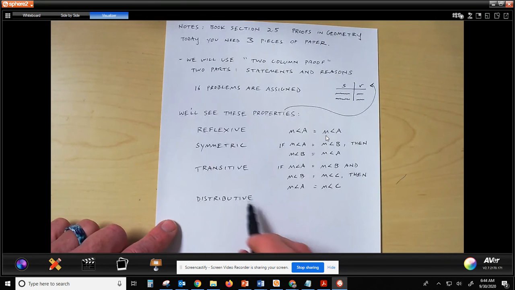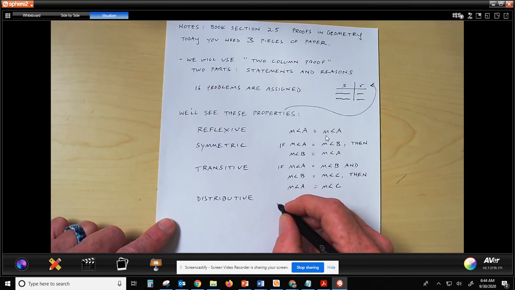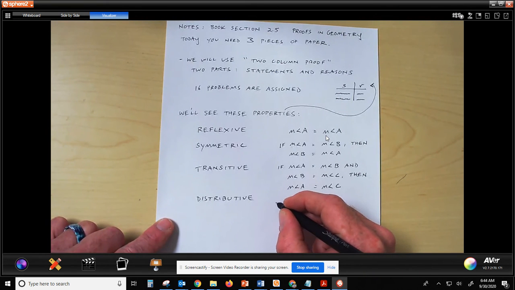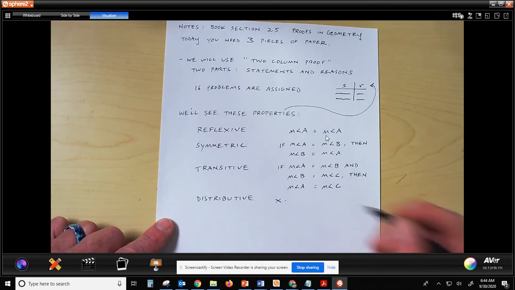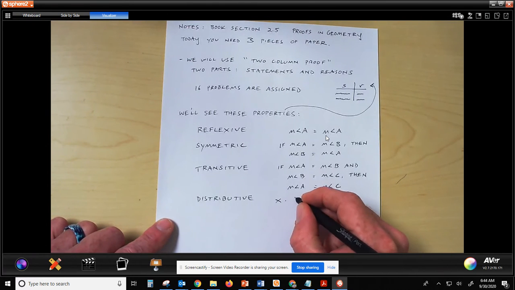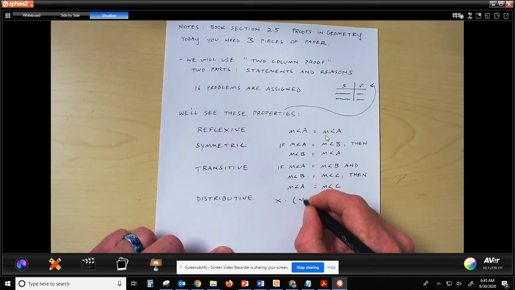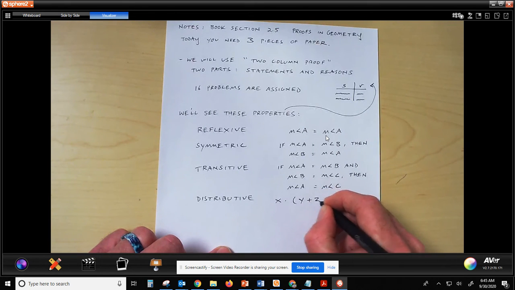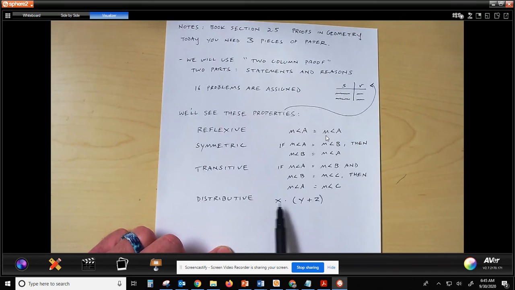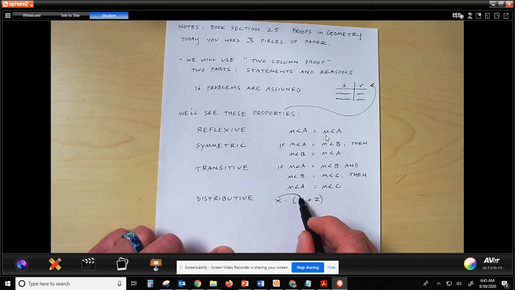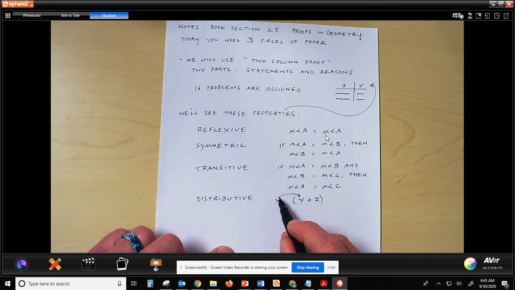And then the distributive property is a property in mathematics that says if I have a multiplication and something in parentheses, so I'm just using generic variables here, y plus z. So if variable x is multiplied by two variables that are added in parentheses, then I may do this thing from the past where we draw arrows.